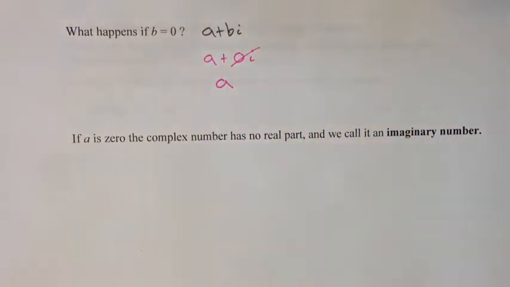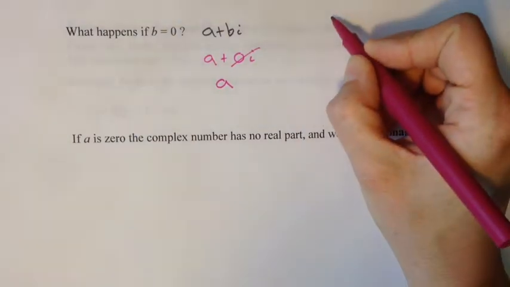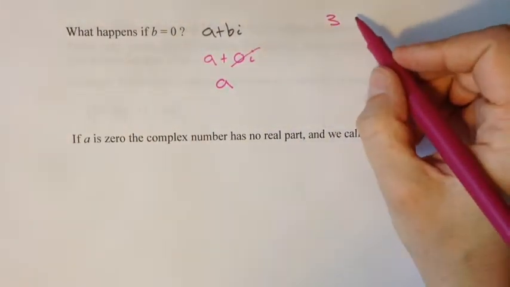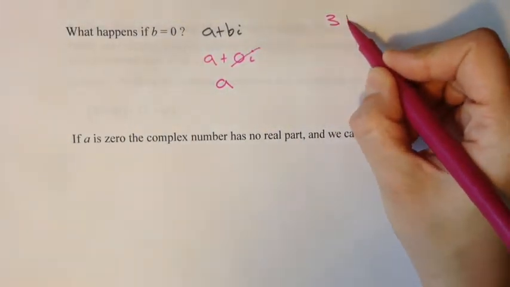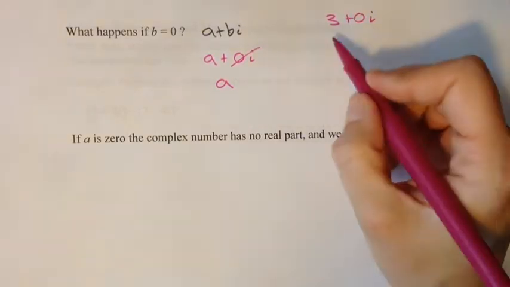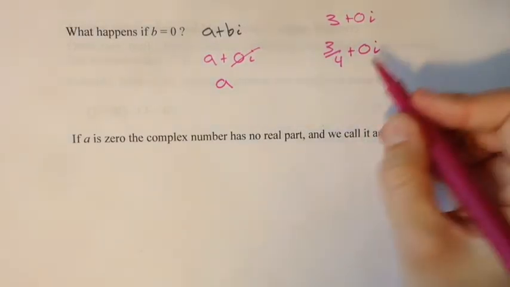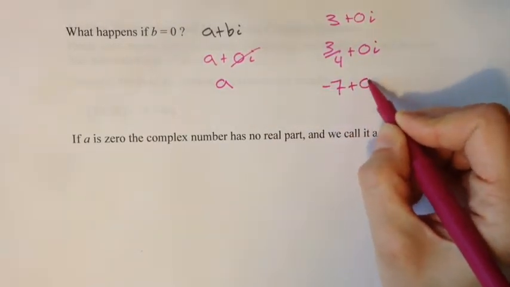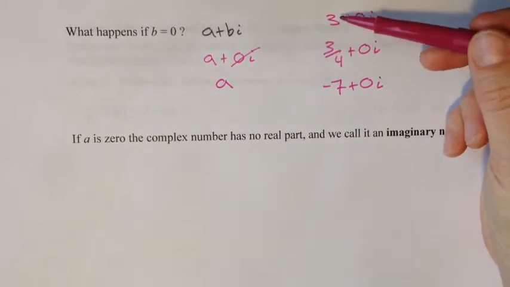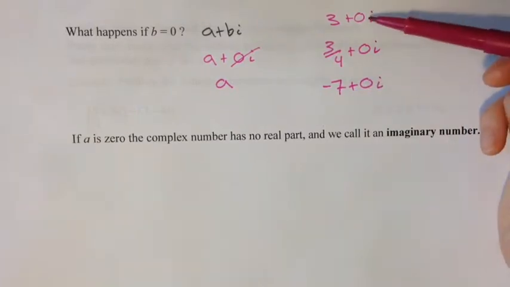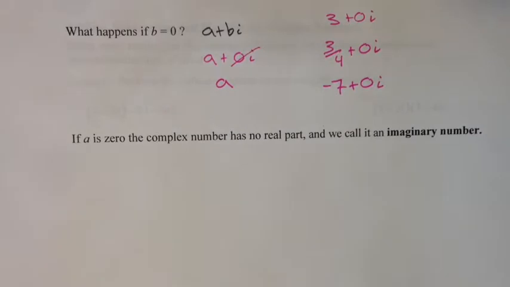So any plain old real number that you're used to, something like 3, could be written in that complex format as 3 + 0i, or 3/4 + 0i, or -7 + 0i. Any real number that you already know can be written as a complex number by adding on a 0i. The point being that all the numbers that you already know are also complex numbers if you think about them that way.